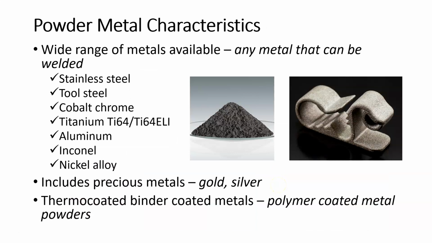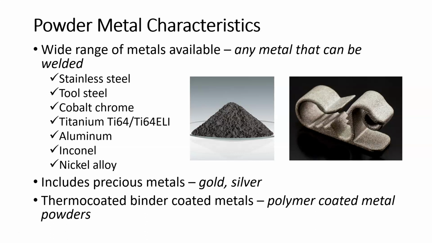Now, looking at the metal characteristics, there's a wide range of metals available. Any metal that can be welded can be made into a powder and used in the powder bed fusion process. And that's a wide range. That includes stainless steel, tool steel, cobalt chrome, titanium, aluminum, Inconel, which is nickel, and other nickel alloys.